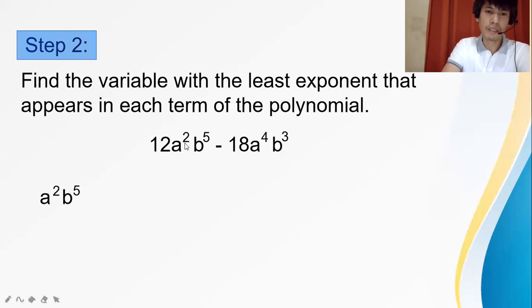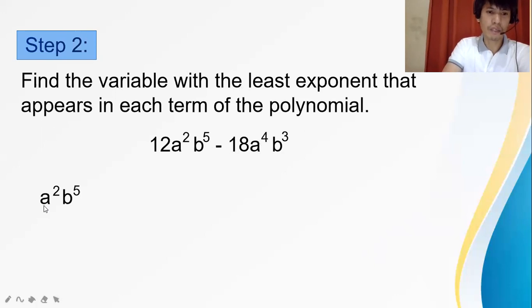In the first term, the exponent of a is 2 and the exponent of b is 5. In the second term, a to the 4, b to the 3. Okay, so both have a, both have b. So we look for the variable with the least exponent, meaning the lowest exponent.